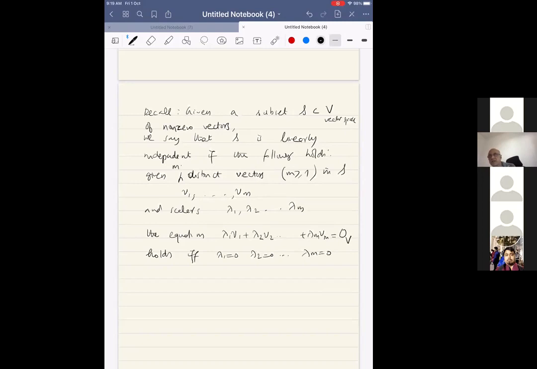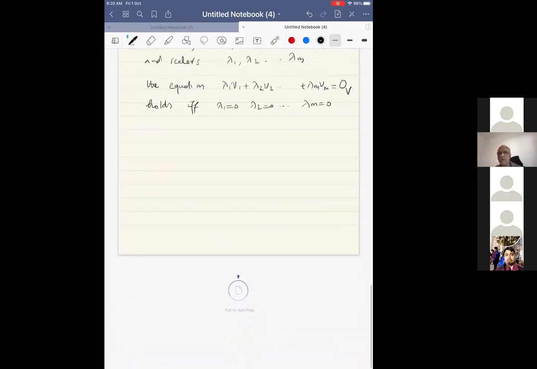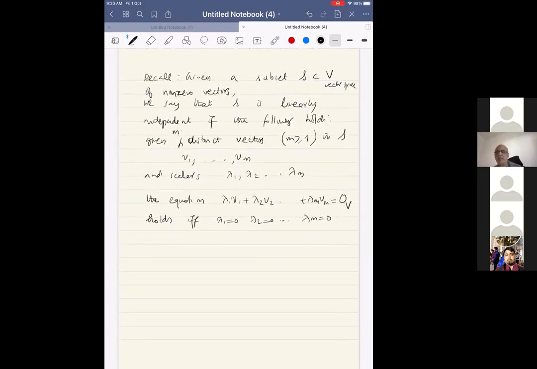But this set has the property of being linearly independent if whenever I'm given a finite non-empty collection of vectors in the subset and a relation between them, so that some scalars lambda 1 to lambda n, so that the sum of these lambda 1 times e1 and so on equal to 0, this holds if and only if each of the scalars is 0. That is, without each of the scalars being 0, I cannot achieve this.